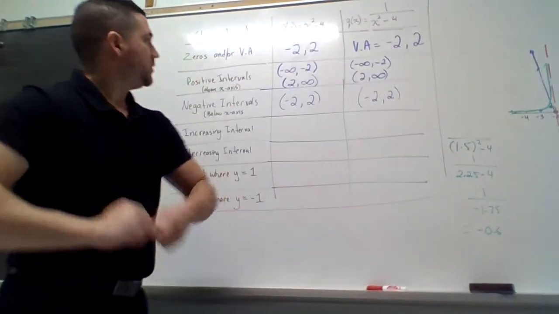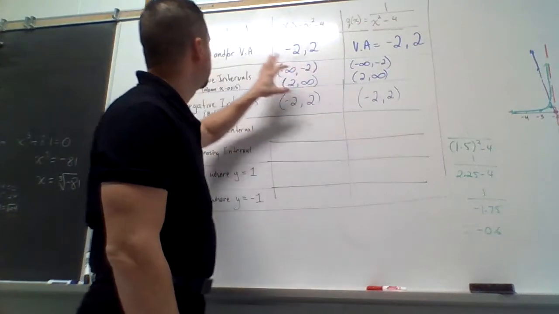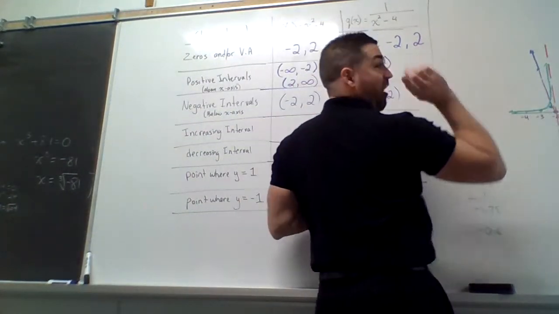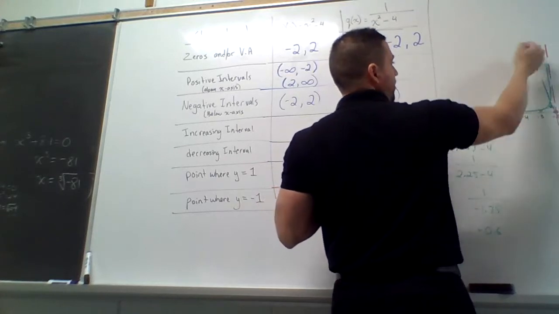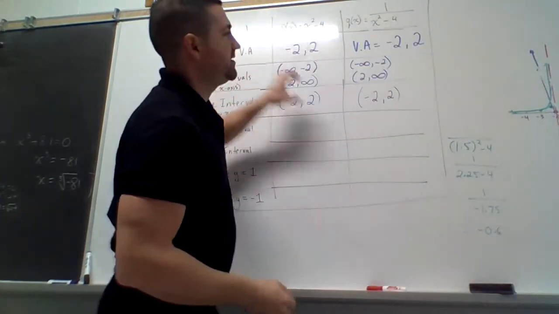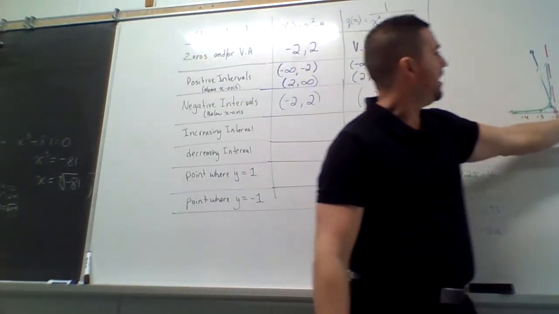Okay, so let's continue with this. So we have our intercepts, our vertical asymptotes. The positive, where it's increasing. So where it's above the x-axis was this arm here and this arm here. So it's above the x-axis on the quadratic this way and this way.